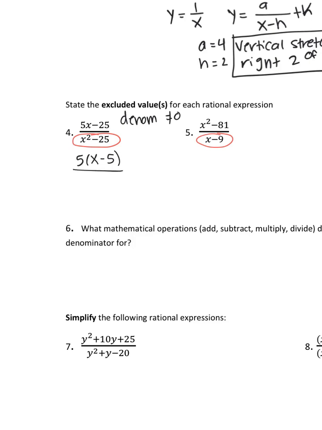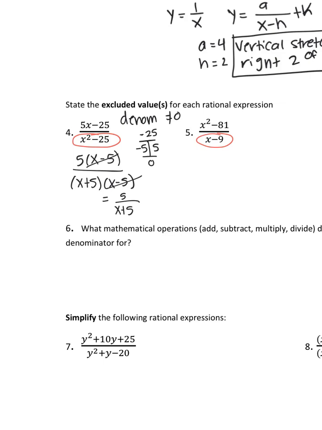On the bottom, that's going to factor into x plus 5 times x minus 5. And that is the difference of squares pattern. Again, if you're having trouble factoring that, we need factors that multiply to -25 and add to 0. So it's -5 and +5. I can cancel these, and when you simplify it, you get this.